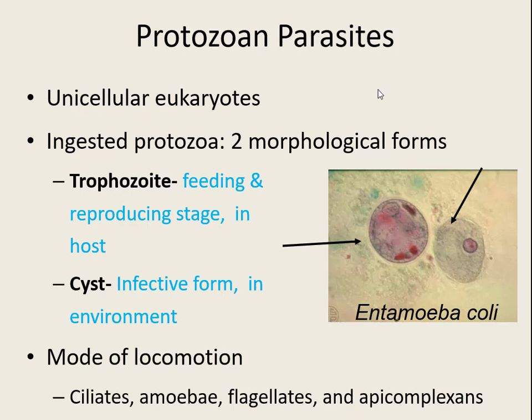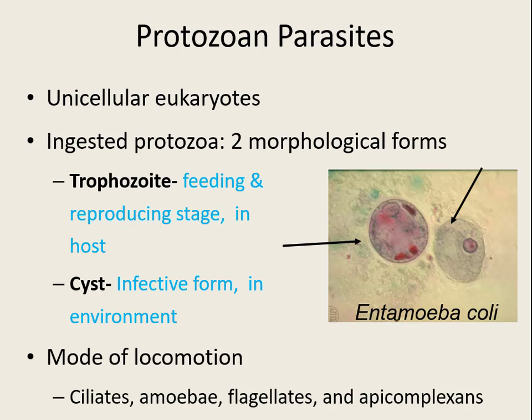There is the trophozoite, which is actively feeding and reproducing in the host, and then the cyst stage or form, which is the infective form. This is one we can find out in the environment, and this is the one that we acquire. We drink contaminated water, or we somehow pick up the cyst. That's the one that's infective. It can survive for longer periods out in the environment until we ingest it.